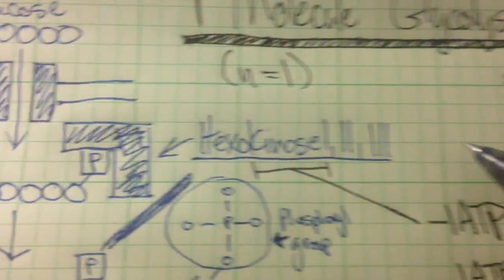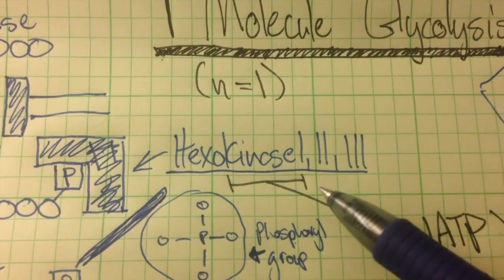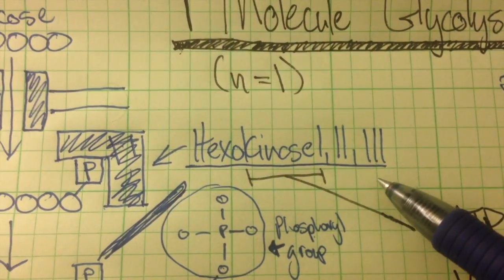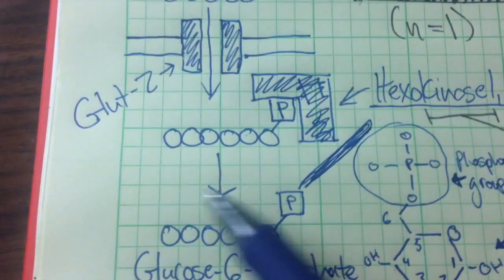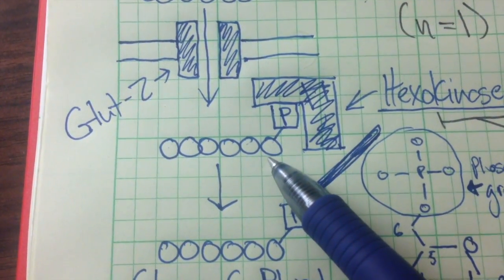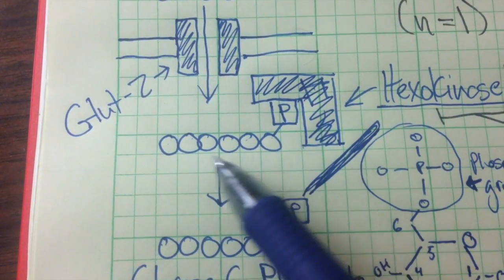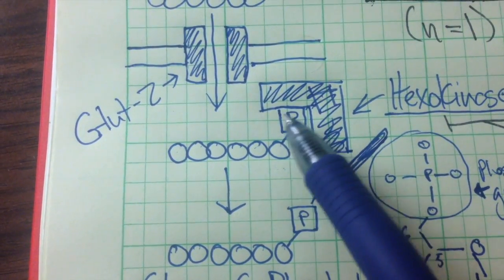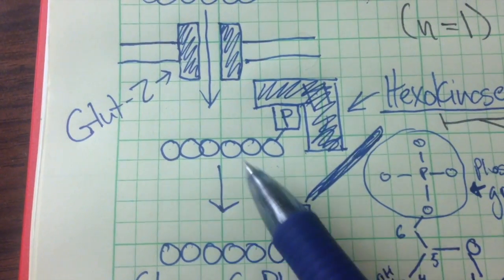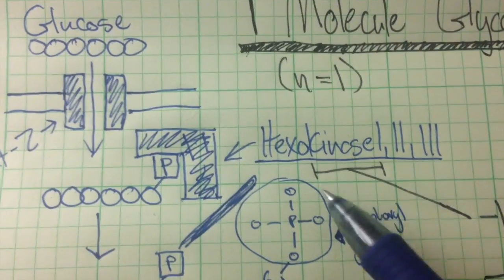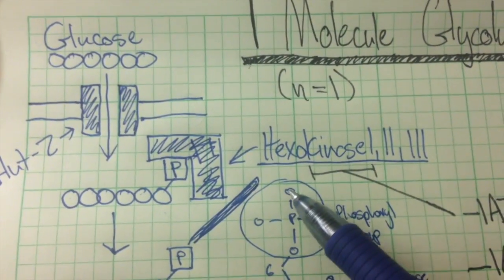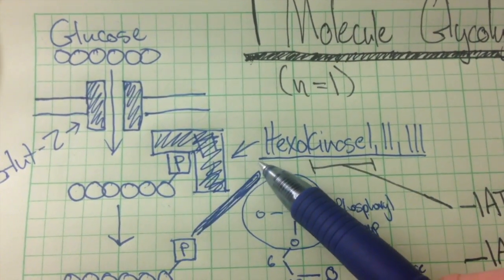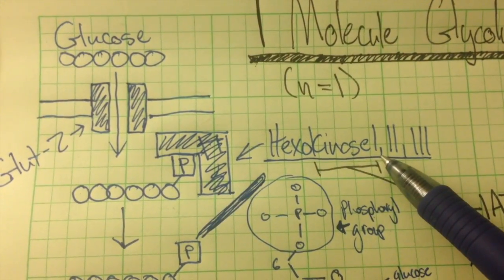Hexokinases 1, 2, and 3 have a negative feedback loop to basically stop them from making too much of G6P, this glucose 6 phosphate. So 1, 2, 3, 4, 5, 6 carbons, and on my 6 carbon I have 1 phosphoryl group. So my glucose 6 phosphate will actually come back when there's a high enough concentration and cause a negative feedback loop, which will block out hexokinase.